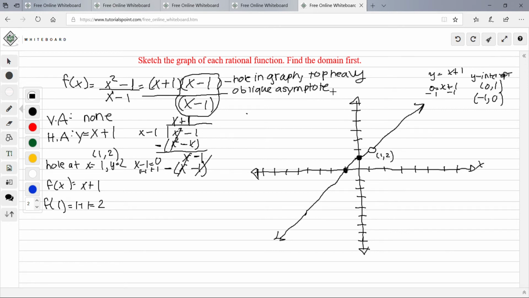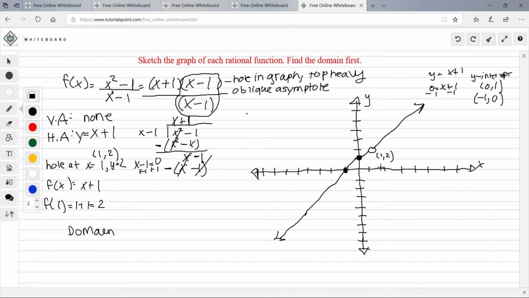Oh yes, we have to find the domain first. So I did it last because I have to see how the graph looks to figure out my domain. Since it's linear, it's all real numbers, but it doesn't pass through the hole.